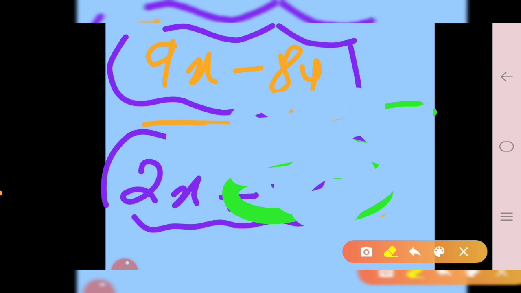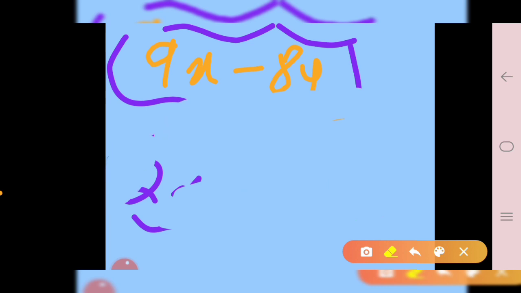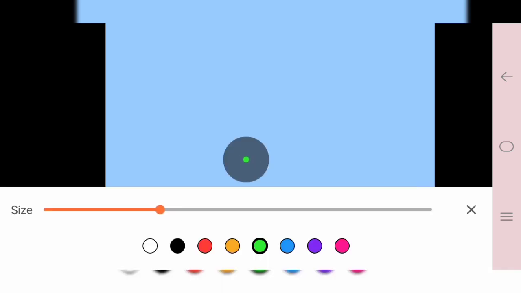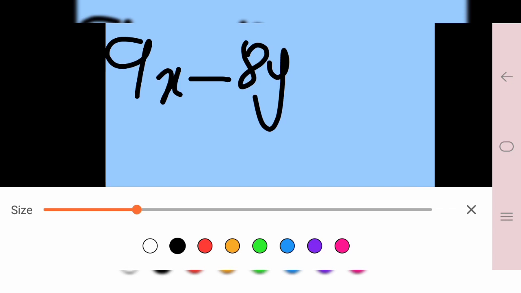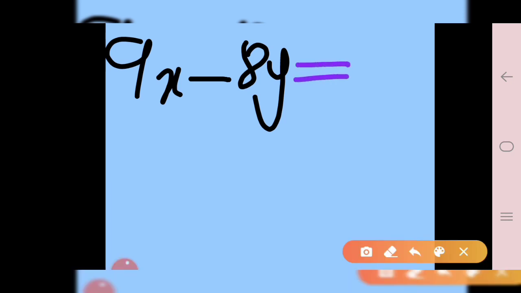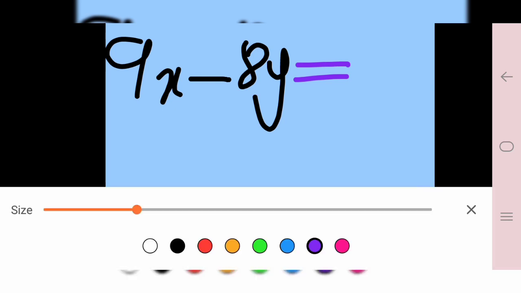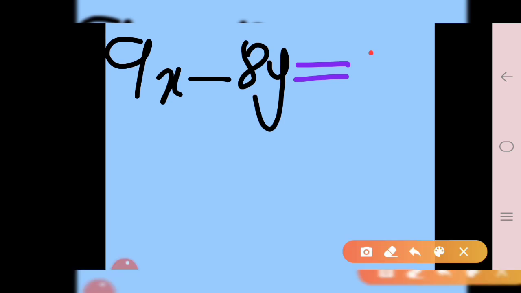Let me rewrite everything again. So we had 9x minus 8y. I'm going to join this with the help of an equal to sign, and then I have a different algebraic expression, that is 2x plus 4y.